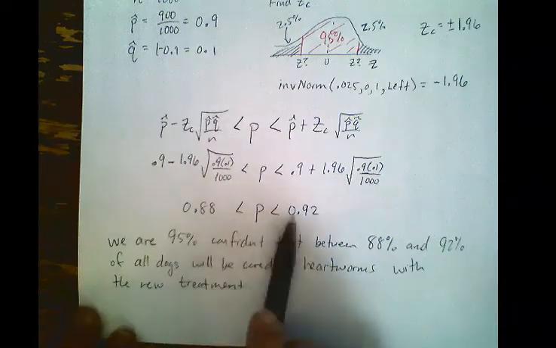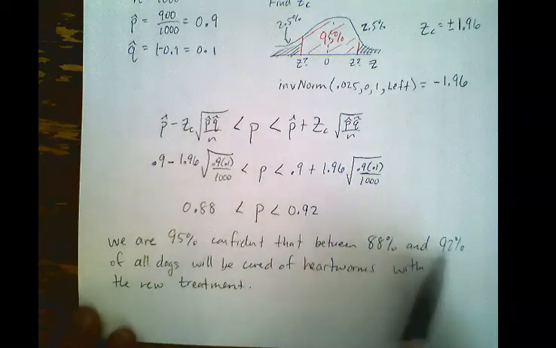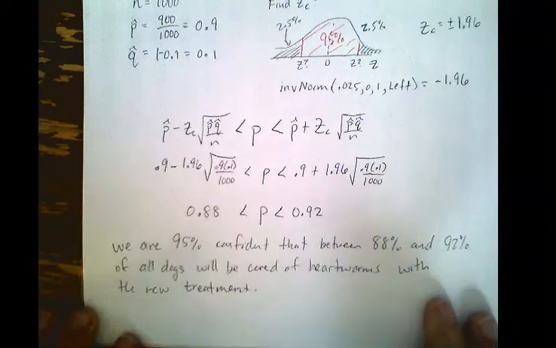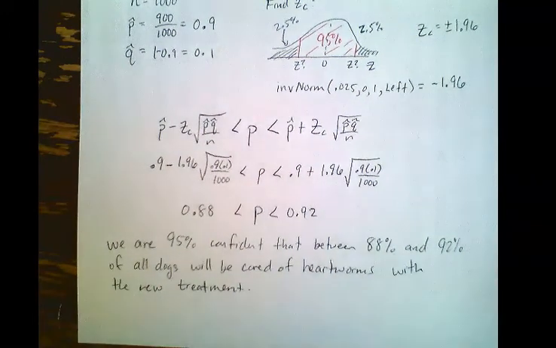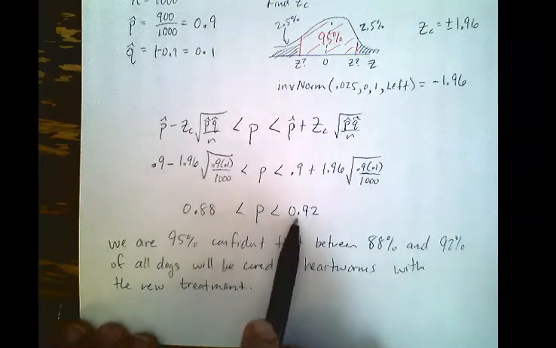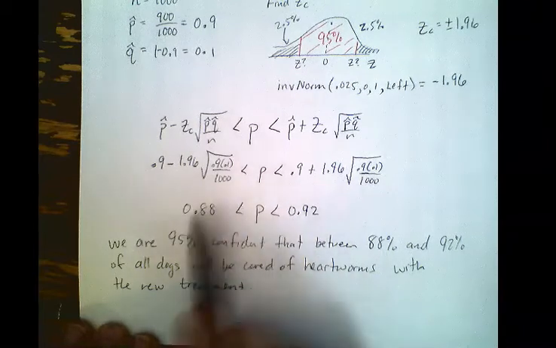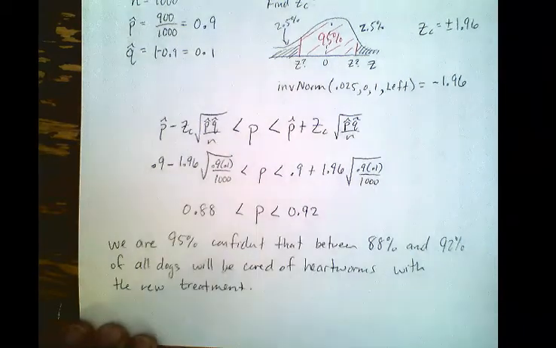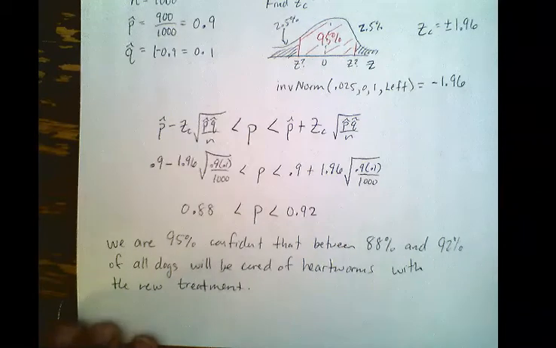So again, these are proportions, or you can change them to percentages. And we always spin our interpretation in the context of the situation. So we just don't want to say P is between 0.88 and 0.92, but we want to relate these values back to the overall situation in terms of heartworm-infected dogs.